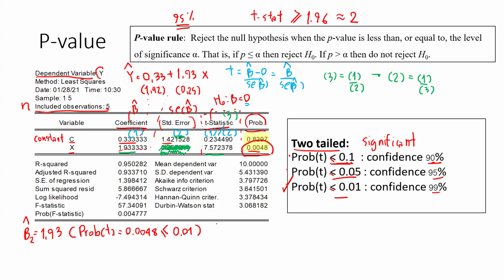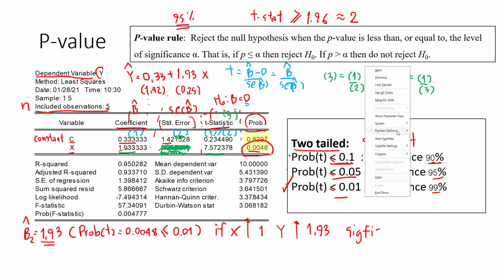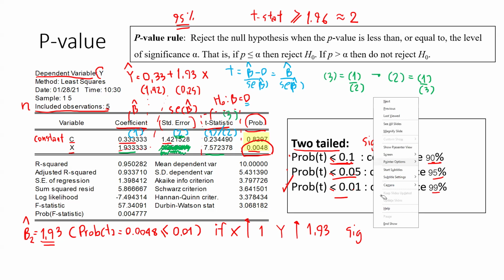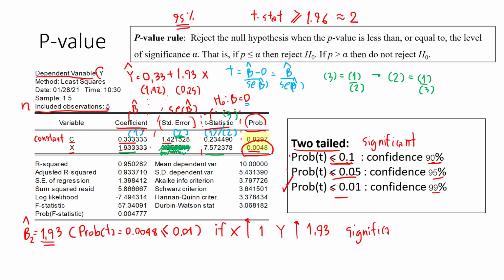Which means if x increases by 1, y will increase 1.93 significantly at 99% confidence.